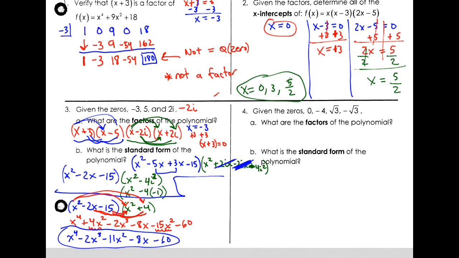So it says, what are the factors of the polynomial? So we know one of them is x, and then we're just doing what we did on the one before. So that's a negative 4, so that's an x plus 4. That's a positive radical 3, so that's an x minus radical 3.